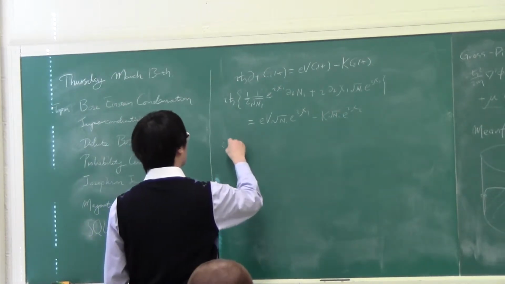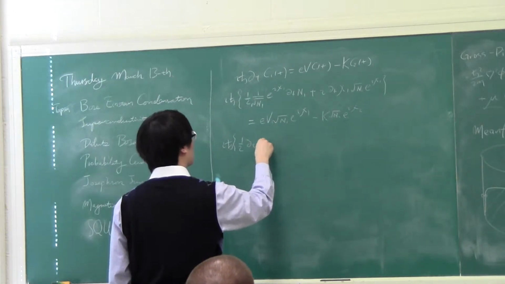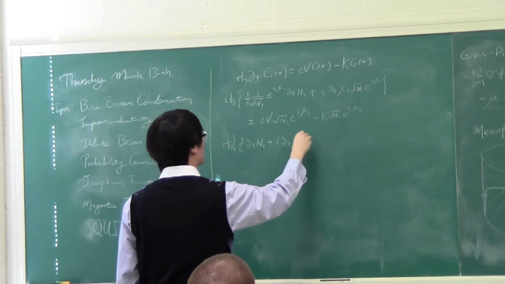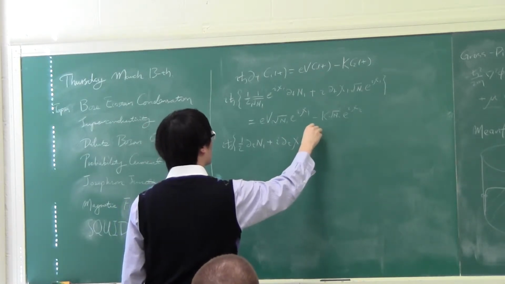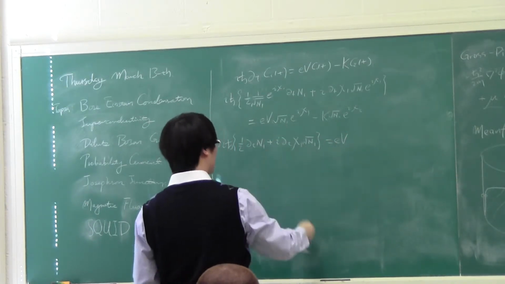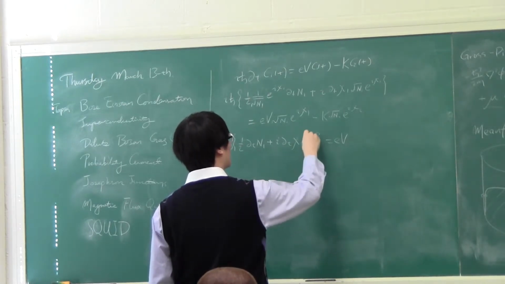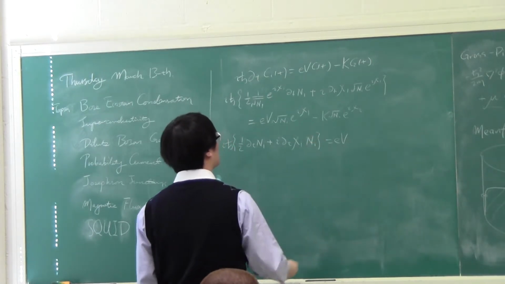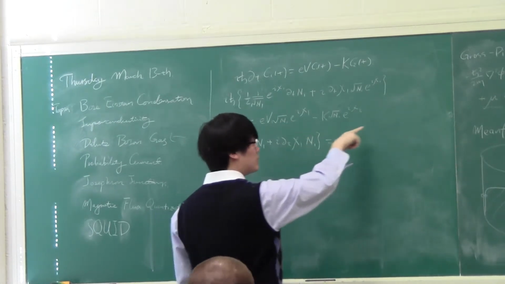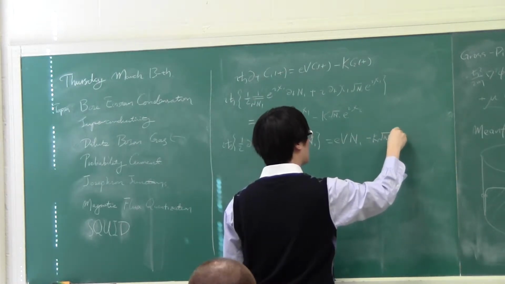So I get i h bar 1/2 plus i times E V times the square root of n1. Sorry, we have multiplied through by the square root of n1, so this turns into n1, this turns into n1, and this phase factor appears here, minus n2, n1.